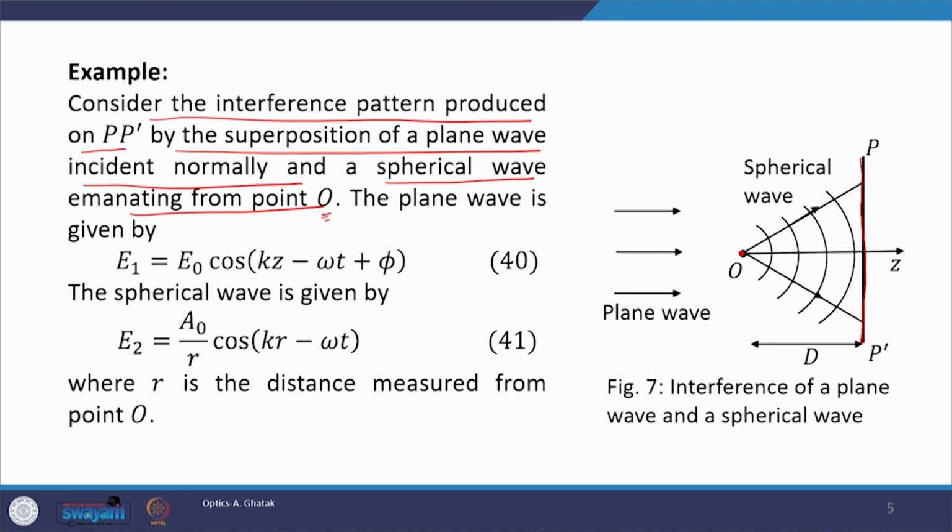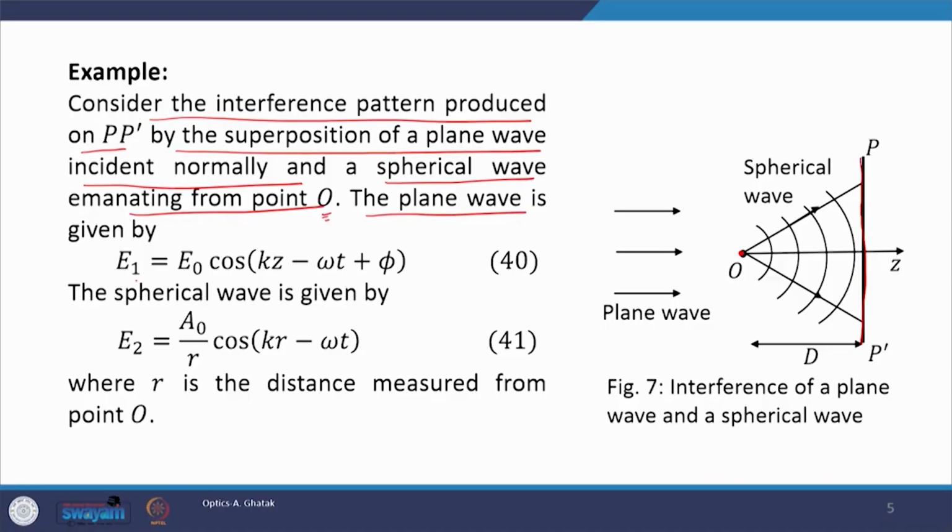From this resultant field we will calculate the irradiance, and then plot the irradiance to see the type of fringes which the observer will observe on the screen P prime.